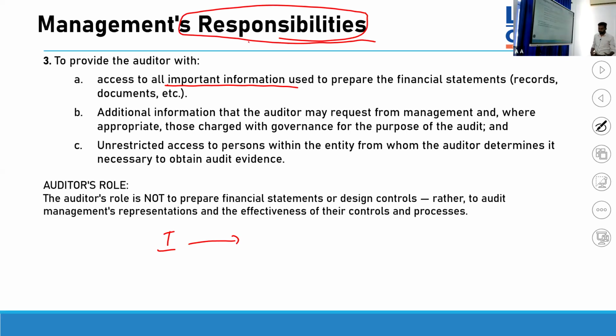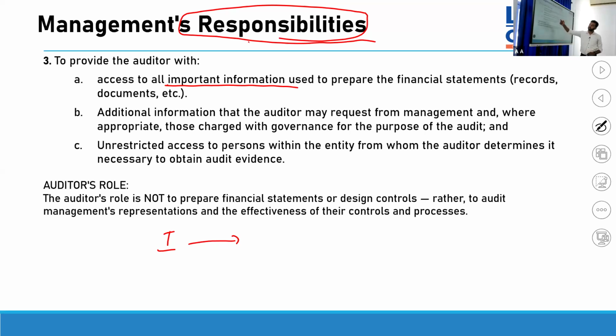It is your responsibility, if an auditor asks you for any document, then you must provide such documents. You can't say those are confidential, therefore I can't give it to you.